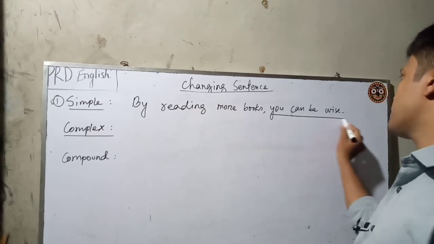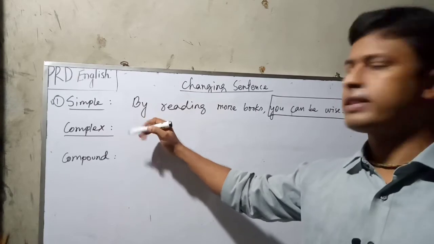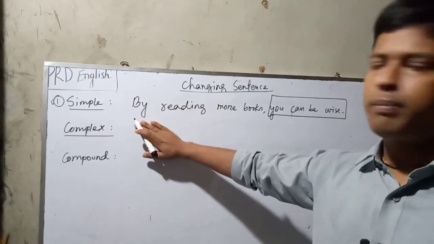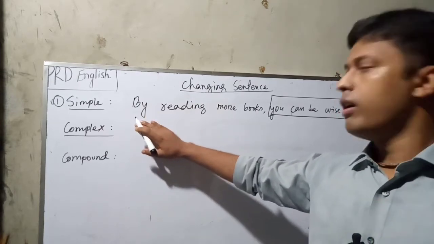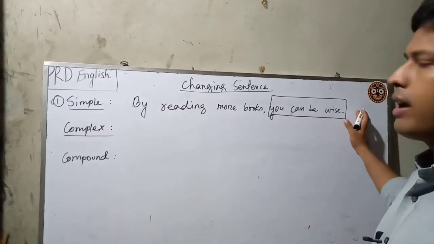Here is the main clause. This clause may sit before, and the prepositional phrase, by plus gerund, can sit in the last part of the sentence.